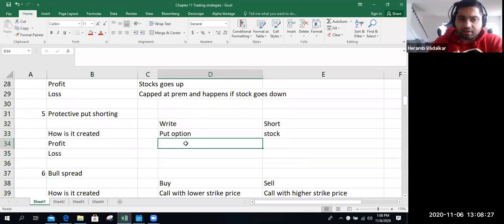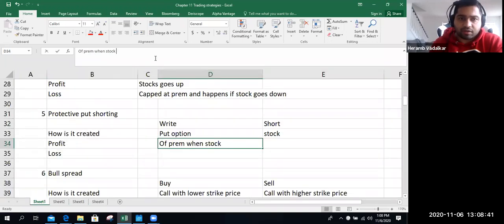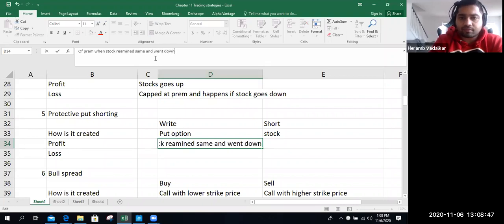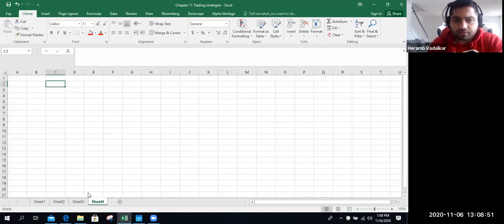How does it work? Profit of premium. When was it making profit? When the stock remained the same and went down. When was it making loss?